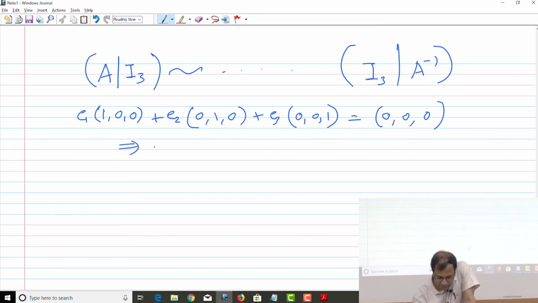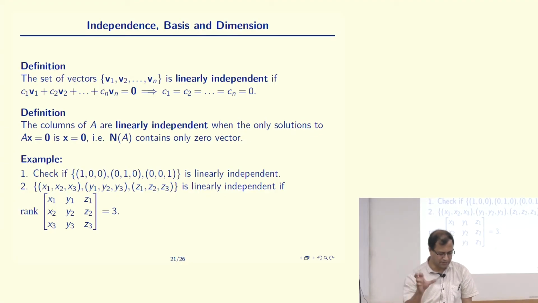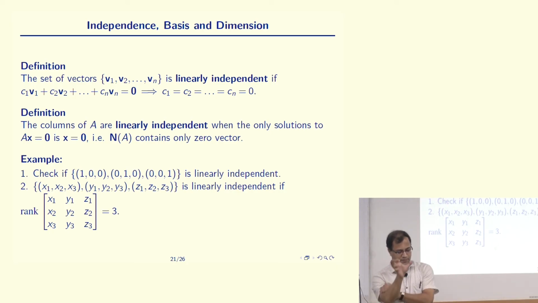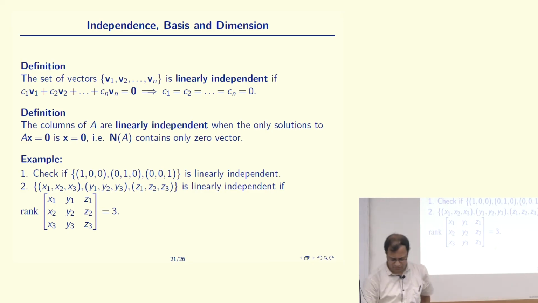If you solve this system, c1 equal to 0, c2 equal to 0, c3 equal to 0 is the only possible solution. So this set of three vectors is linearly independent, and if we consider these as the column vectors, the rank will be 3. Is it easy to check? I'll leave it for you to check.